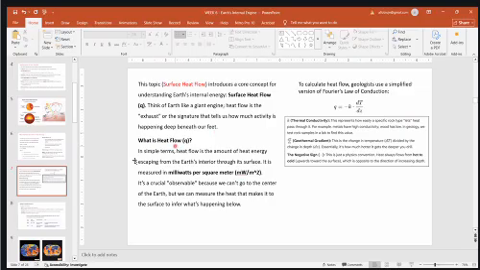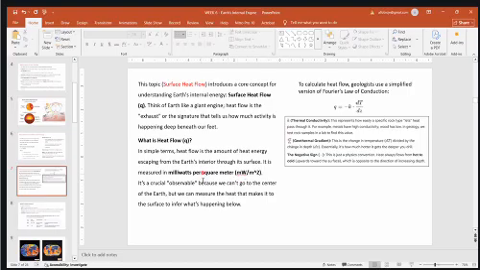In simple terms, heat flow is the amount of heat energy escaping from the Earth's interior through its surface. It is measured in milliwatts per square meter. Milliwatts, if it is capital M, that's mega. So milliwatts per square meter.